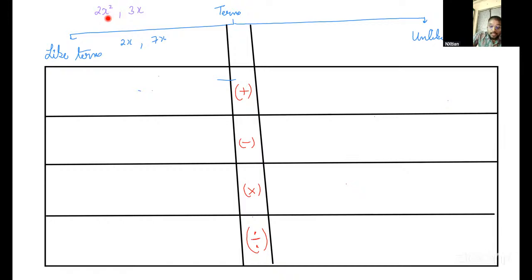So the square and this x are totally different. This is not like terms. This comes under unlike terms, like 2x squared and 7x. So this is unlike terms and this is like terms. If the variable is different, it is called an unlike term. If the variable is the same, then it is called a like term. Understood, guys?